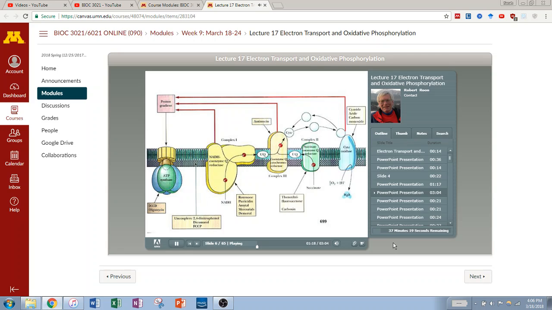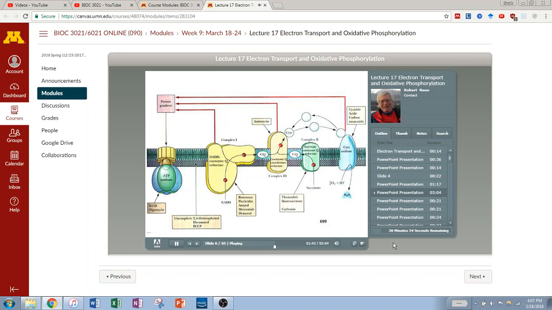The flow of electrons through complex 1 is coupled to the pumping of 4 protons out of the matrix of the mitochondrion into the space between the inner and outer mitochondrial membrane. Electrons from FADH2, which have a lower potential than those from NADH, flow to coenzyme Q through complex 2. This complex does not pump any protons.